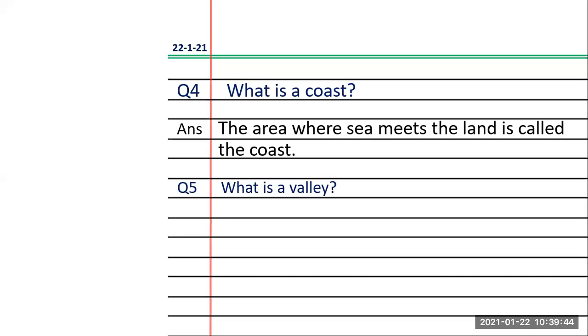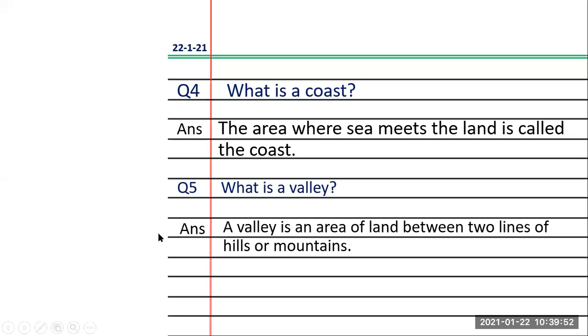Now here comes question number 5, that is, what is a valley? A valley is an area of land between two lines of hills or mountains.